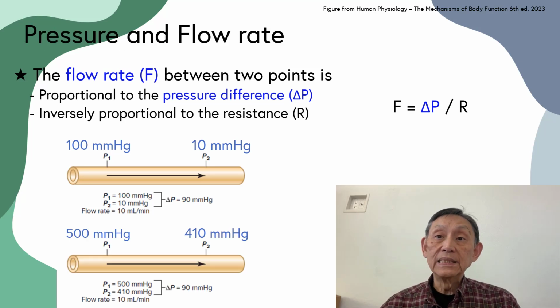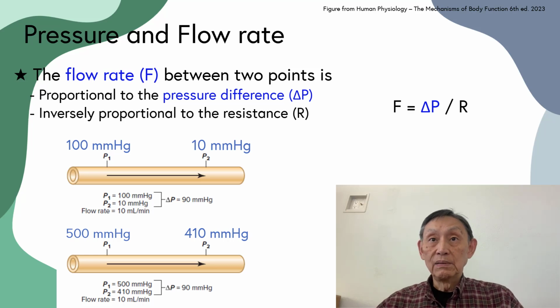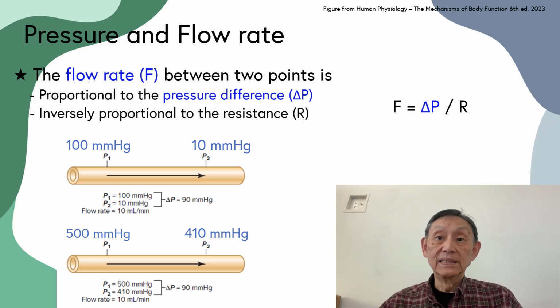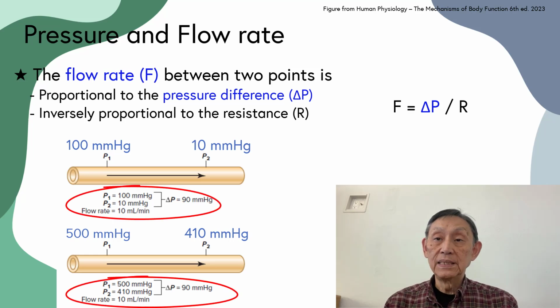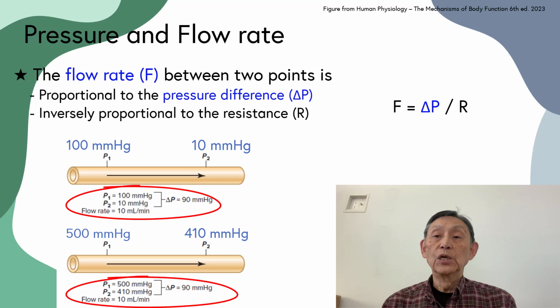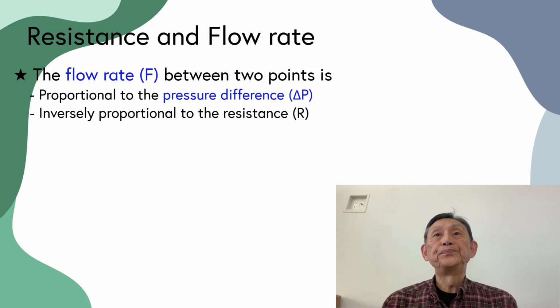The second case is 500 and 410. Although the pressure is about 5 times higher, the difference is still the same, 90 millimeters of mercury. So the flow rate between these two cases is the same.